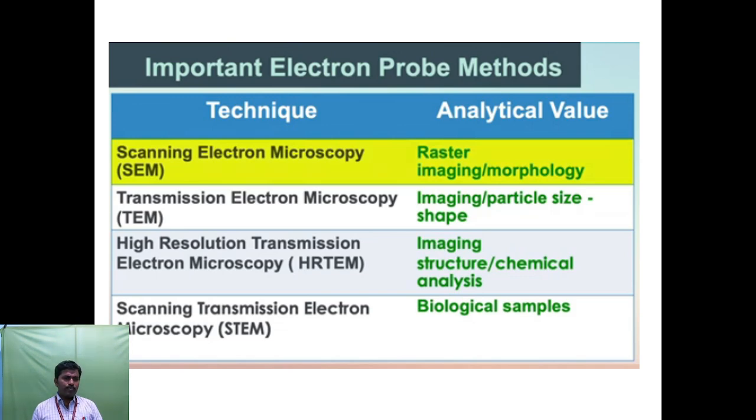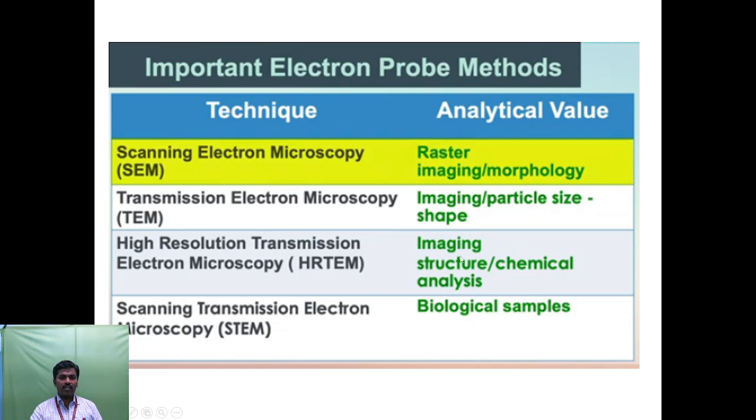Scanning electron microscopy, transmission electron microscopy, high resolution transmission electron microscopy, and scanning transmission electron microscopy. These are some of the electron probe methods to study the size and shape of the nanoparticle. Scanning transmission electron microscopy is mainly used to analyze biological samples.